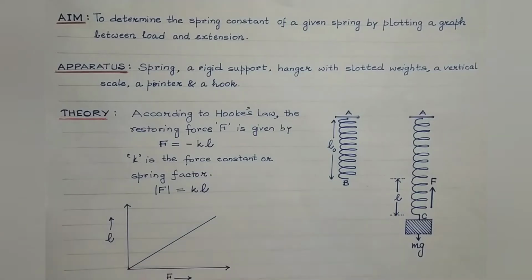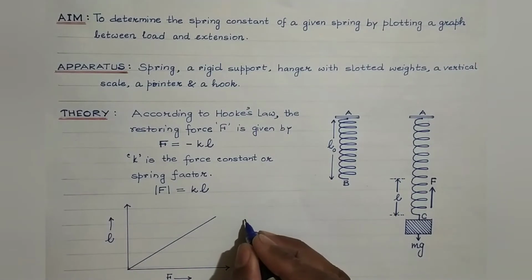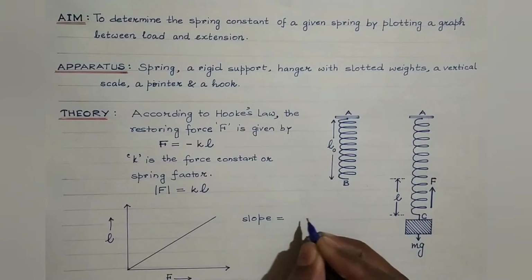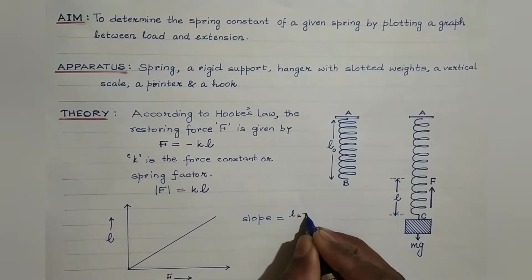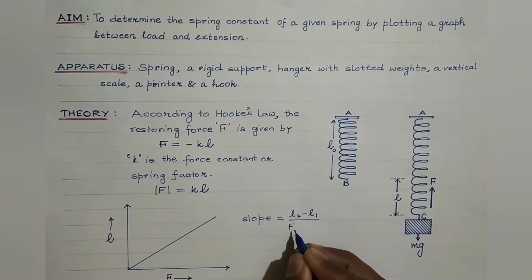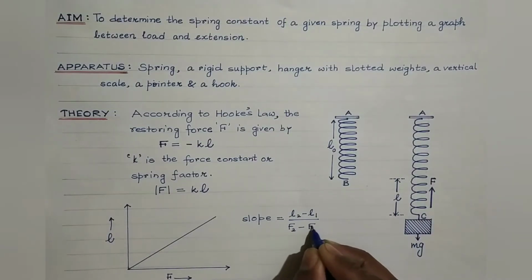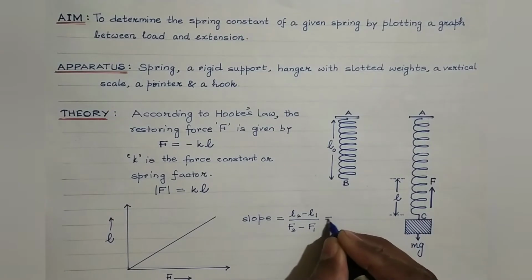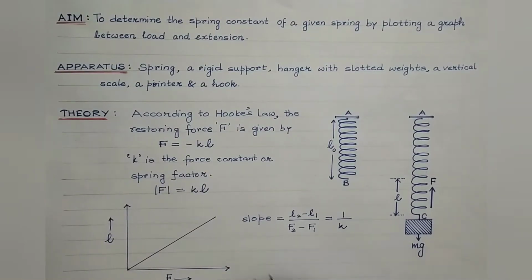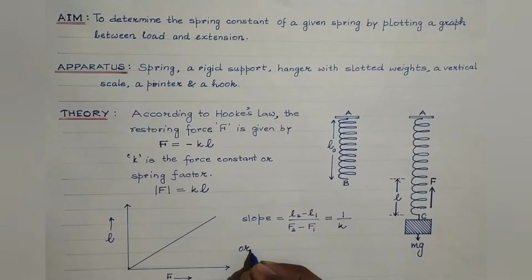This will be the nature of the graph which we will try to obtain during this experiment. And students, the slope of this graph will give us y2 minus y1 divided by x2 minus x1, which in this case would be L2 minus L1 divided by F2 minus F1. So the reciprocal of the slope of this graph will give us the value of the spring constant.